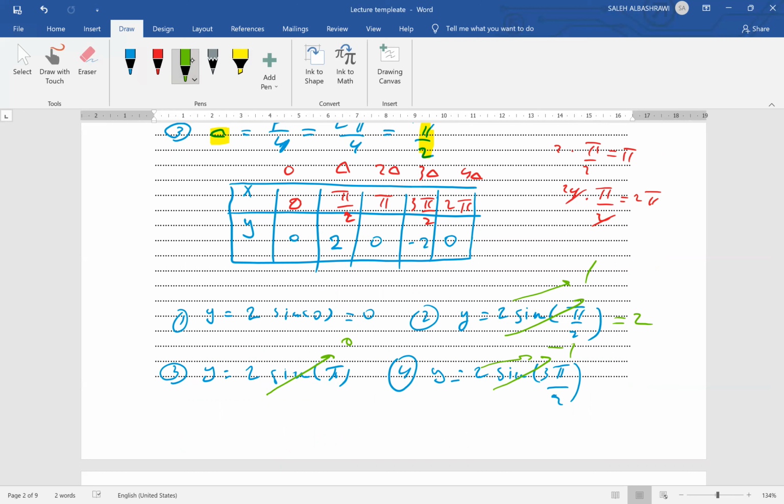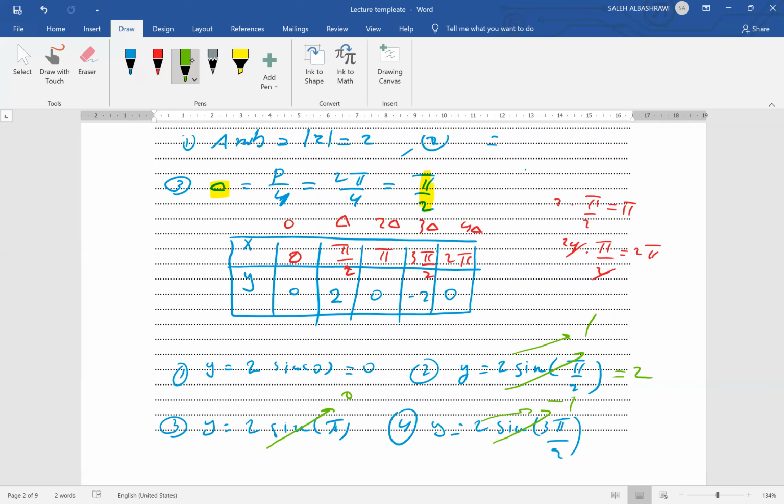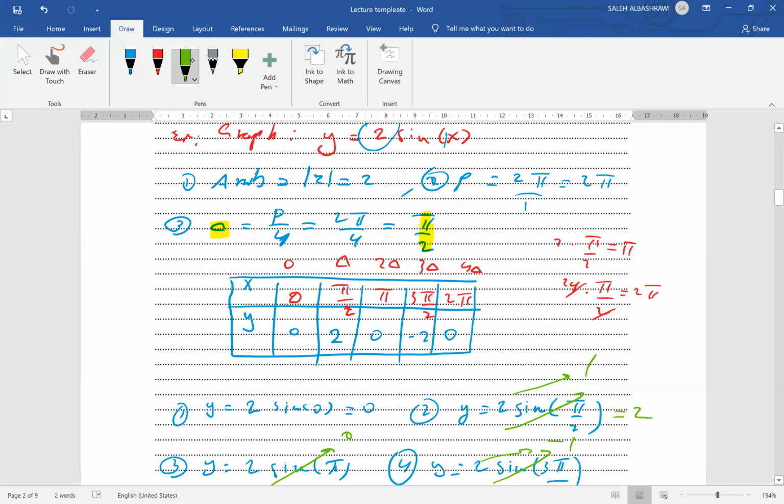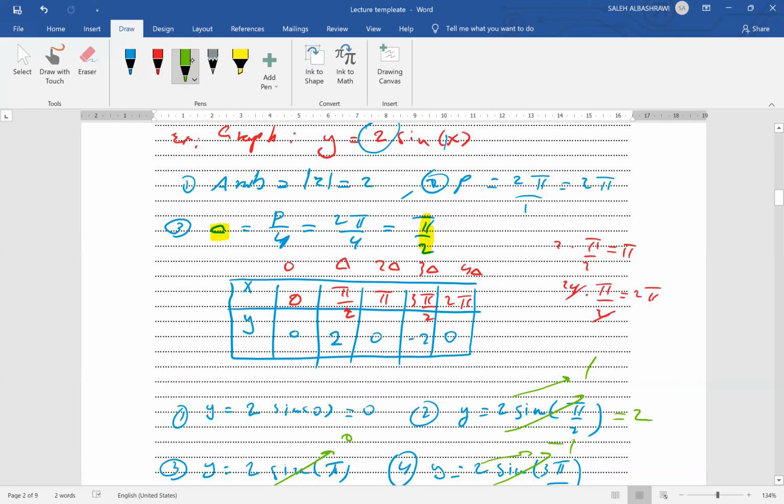So we can see, for the sine function in this form, y equal to 2 sine x, or a sine x, the values of y start at 0. The second one will be a, and a is equal to 2 in this example. The third one is 0, the fourth one is minus a, and the fifth one is 0.